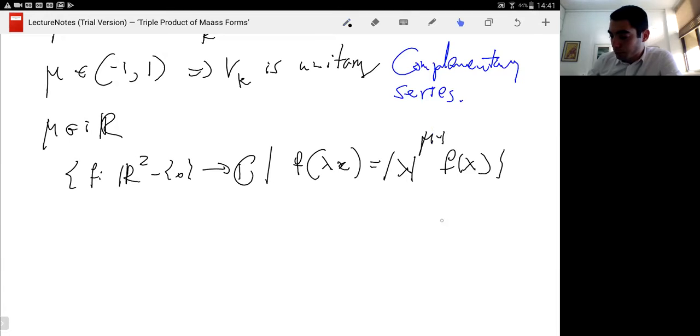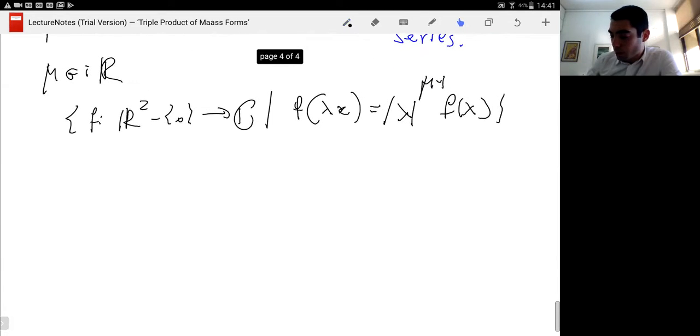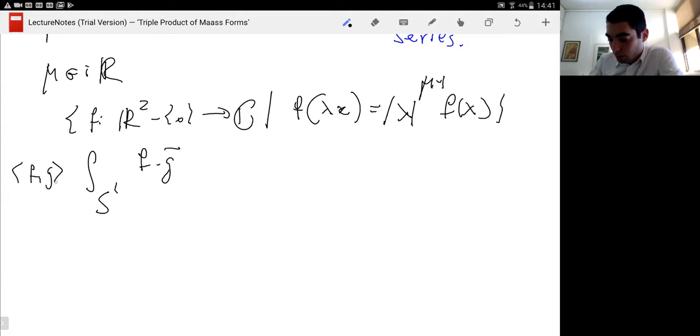And things being as kind as they are, it turns out that the most naive inner product one can think of, just integrating this product over S1, actually gives us an inner product.